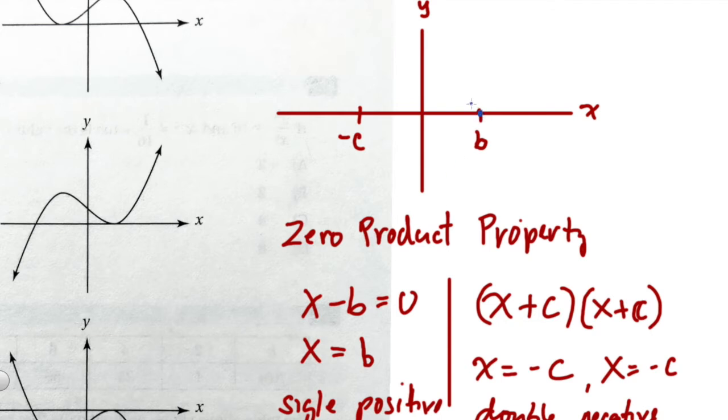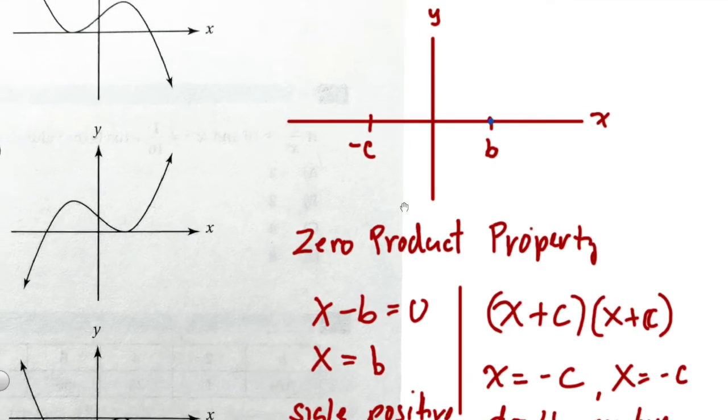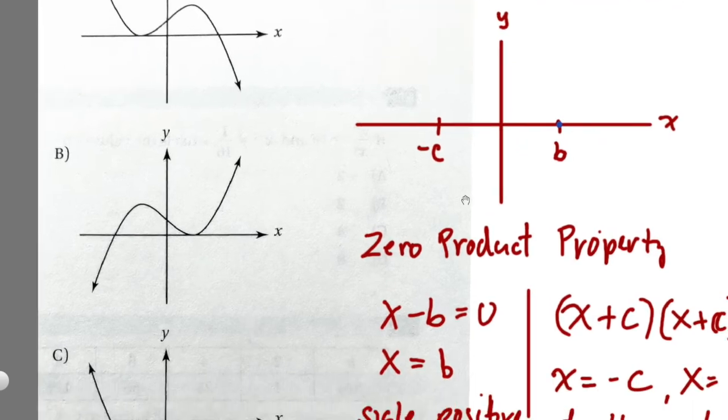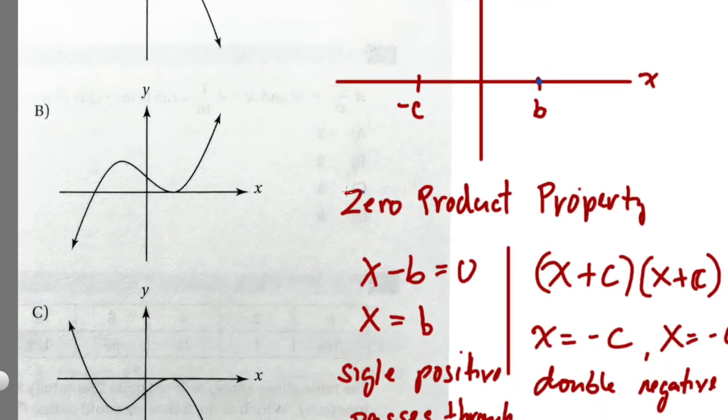We just don't know if it passes through like this or like that. But the bottom line is that at this point of positive b, the graph should pass through. Meaning, we can eliminate choices B and C, because the graph does not pass through this positive b on the x-axis.